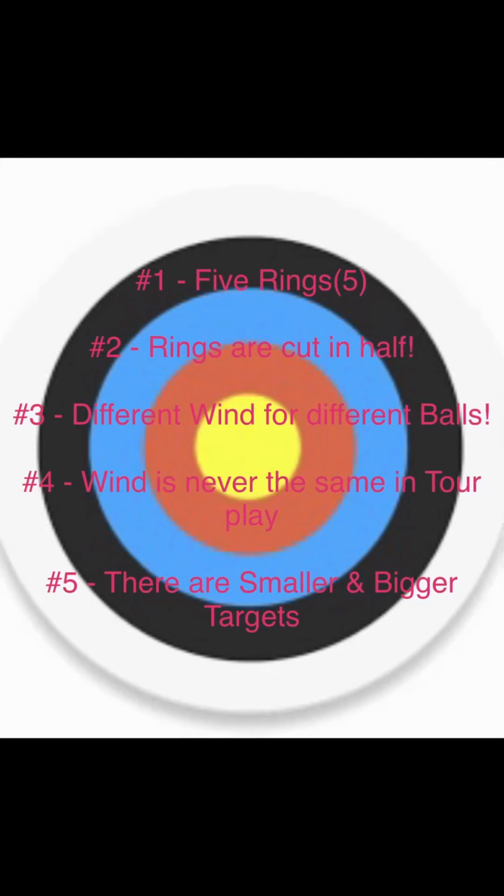So your opponent might be using a different ball than you, though the game gives you the same wind. Though he might be using a different powered ball, it's actually going to give him a different wind. It's just fractioned down. Number 4, wind is never the same in tour play. So it's always going to be random. So you never quite know what you're going to get. So you have to be ready for everything, essentially saying. Number 5, there are smaller and bigger targets.